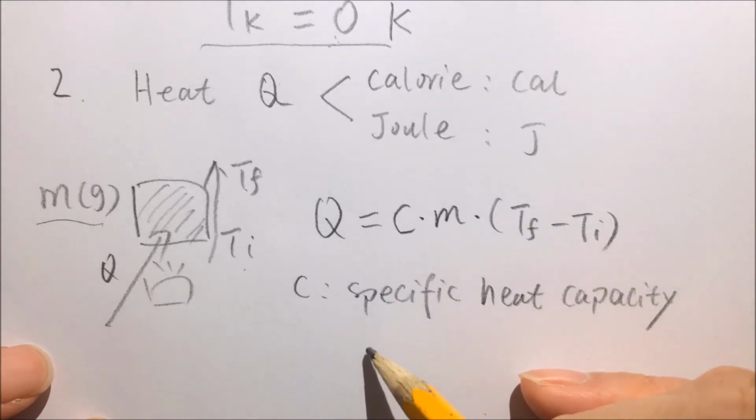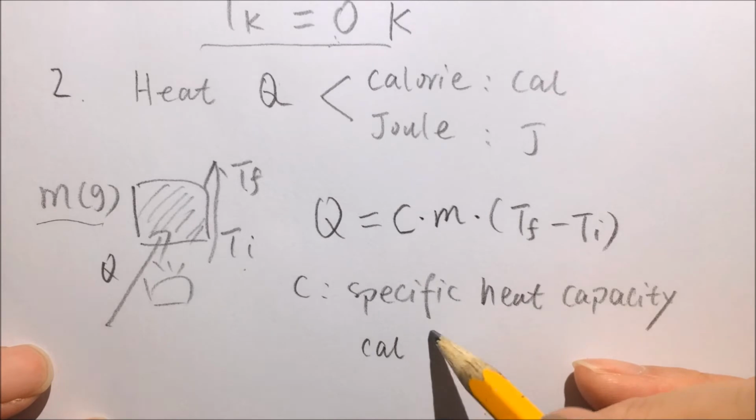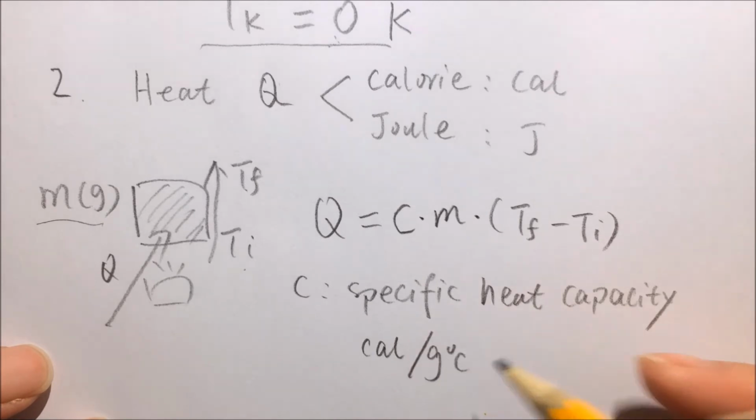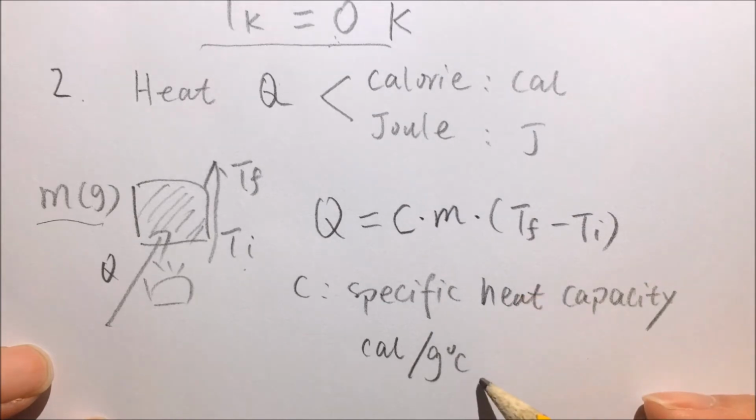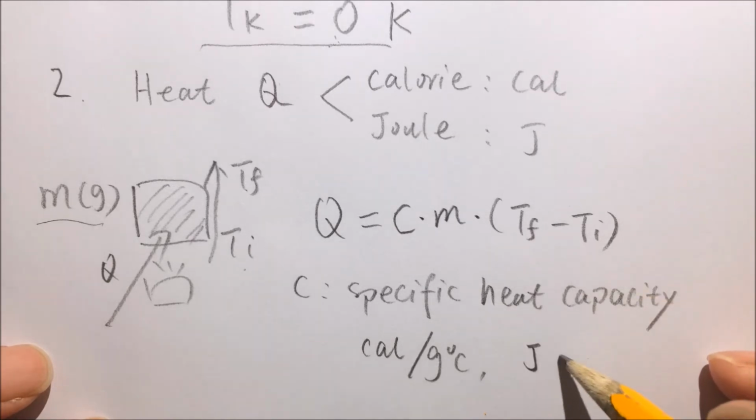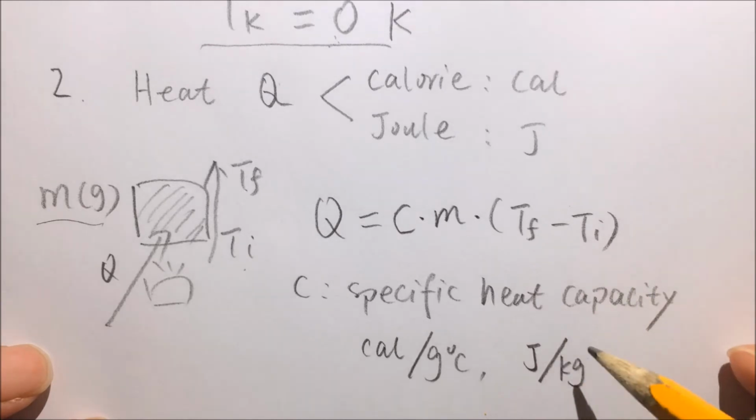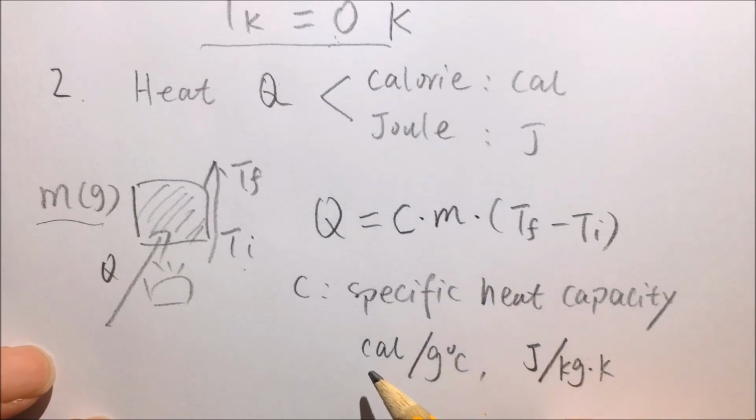It has a unit calorie per gram per Celsius degree. You can also use another unit like the SI unit, well, it would be joule per kilogram per Kelvin. Anyway, we're going to use calorie per gram per Celsius degree more often.